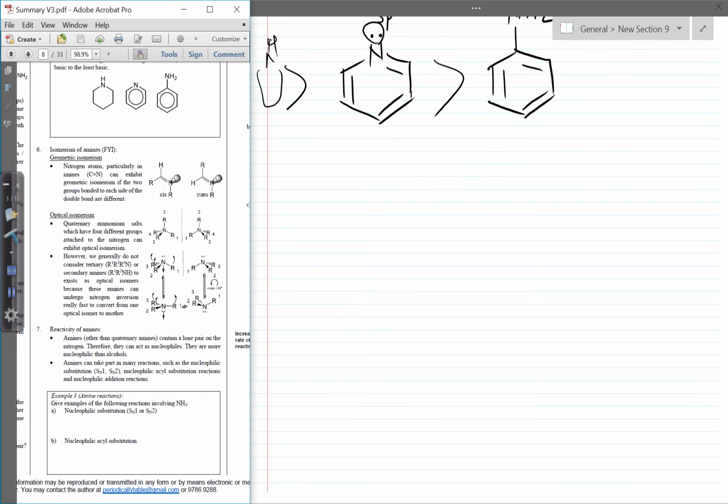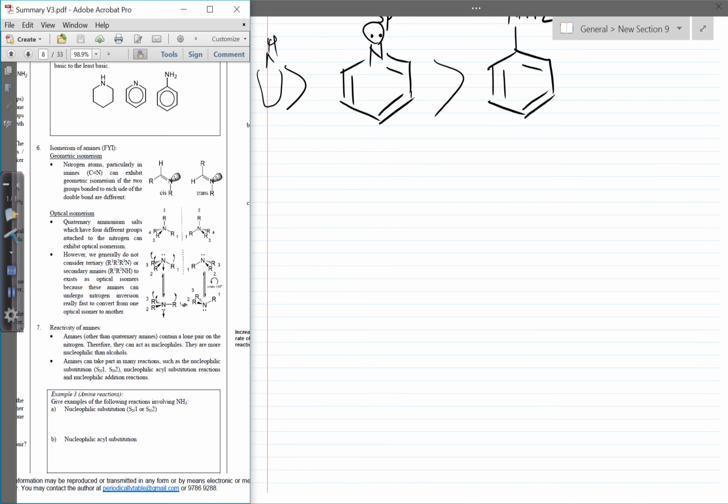So next, isomerism of amines. Let's look at isomerism once again. Nitrogen atoms, particularly in imines, can exhibit geometric isomerism if the two groups bonded to each other of the double bond are different. So you can have your cis and your trans.